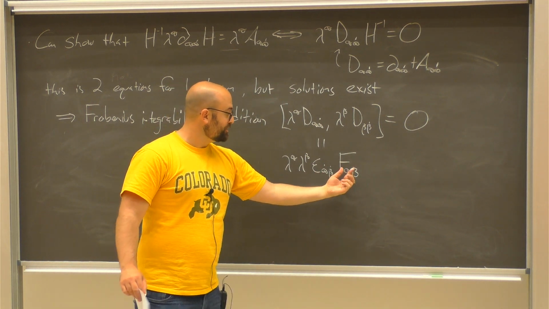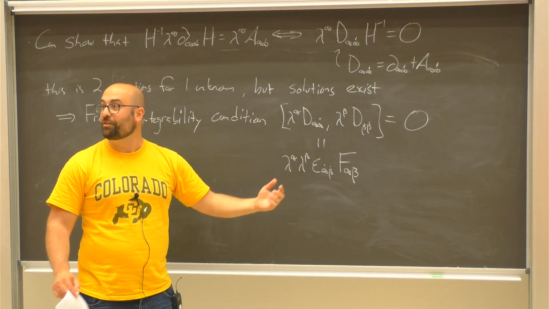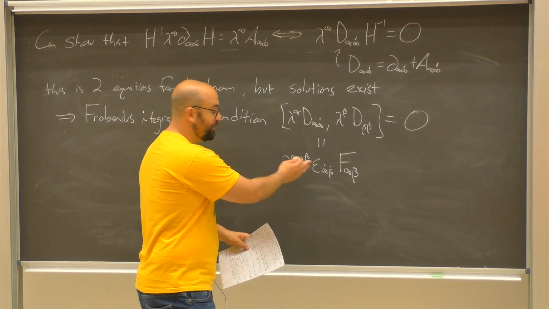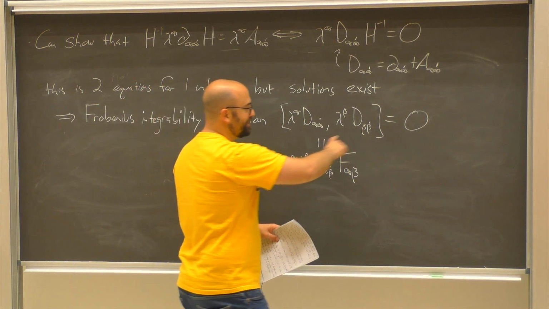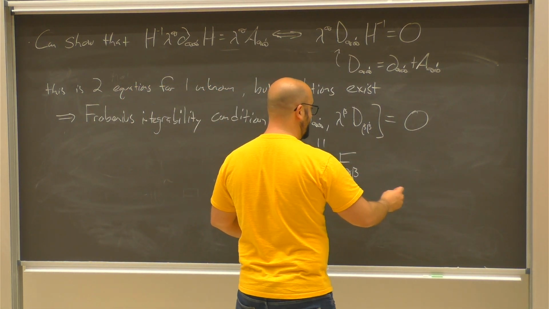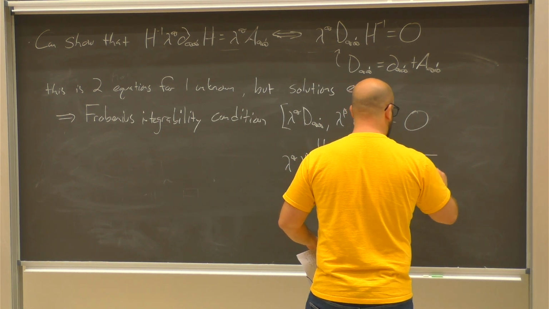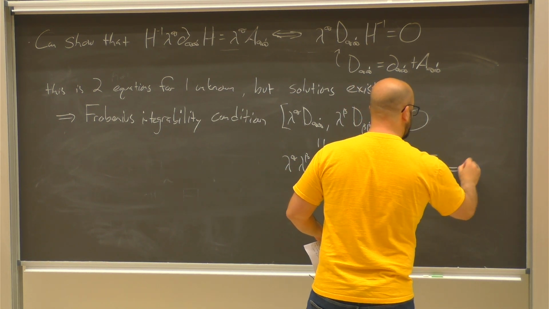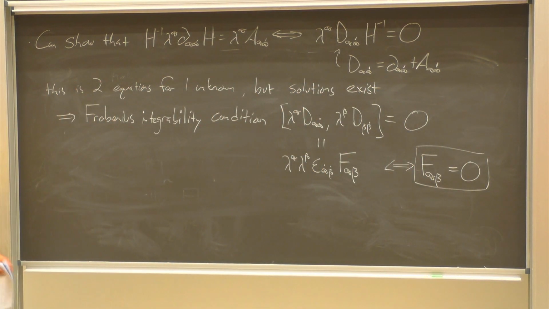This is a symmetric two-spinor, so the fact that it's contracted into two lambdas doesn't give us any conditions on it at all. Lambda is not a fixed number, it can vary over the whole Riemann sphere. So the only way that this condition can be satisfied is if f alpha beta is equal to 0. So there we are. We've recovered the self-dual Yang-Mills equations from having a holomorphic vector bundle on Twistor space.